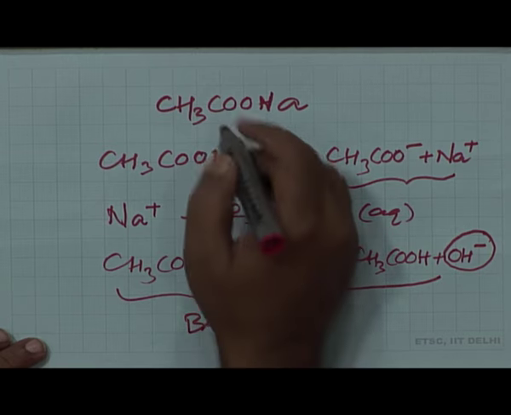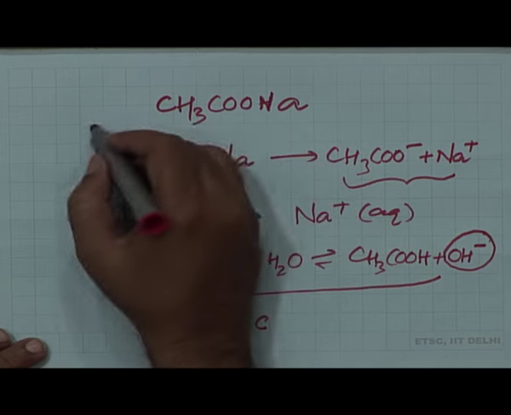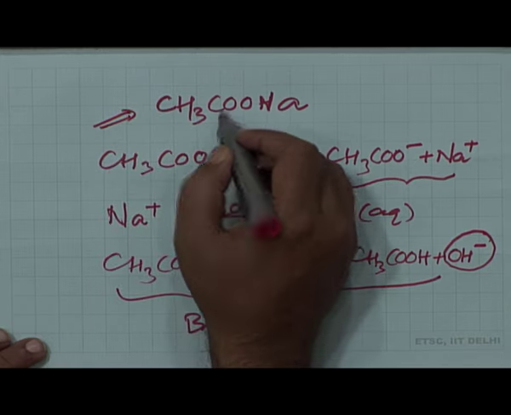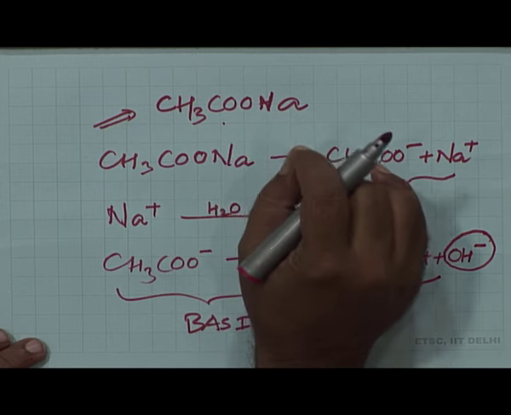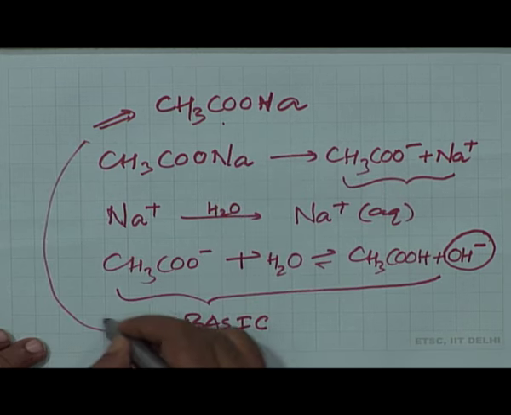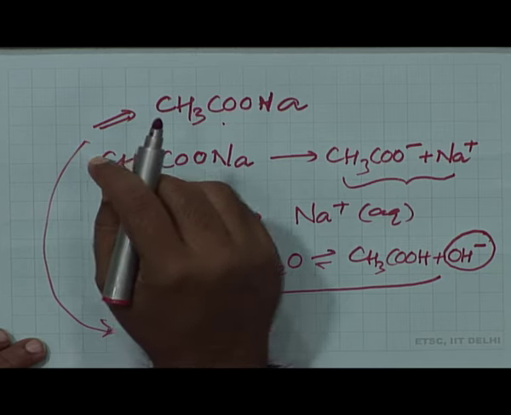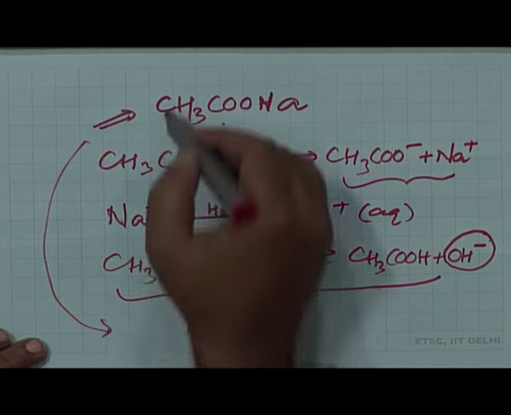So, generally a salt of a weak acid, which is acetic acid, and a strong base, which is sodium hydroxide, is always basic. That is what we know.